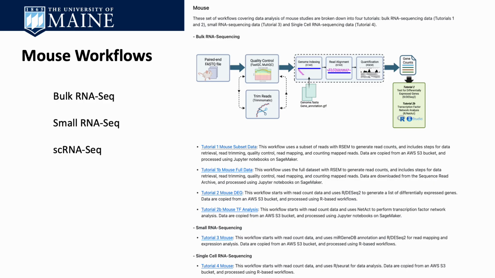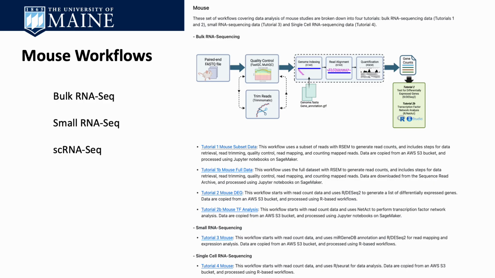Then tutorial 2 is analyzing those read counts with DESeq2 to find differentially expressed genes. And then tutorial 2b is also analyzing the read counts, but it is using that NetAct package to look at transcription factor networks.